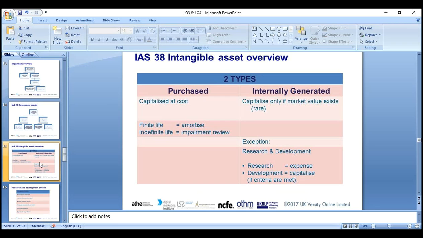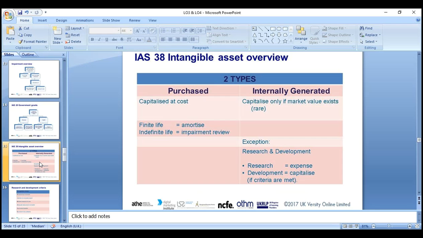The research we can't capitalize, but from this research, when we reach the development stage, we can make the medicine. If we have the infrastructure, we can produce the medicine, which is tested, and that will give us future economic benefit, which we can do business with, which can benefit the public, and we can generate revenue from it. It's called the development stage.